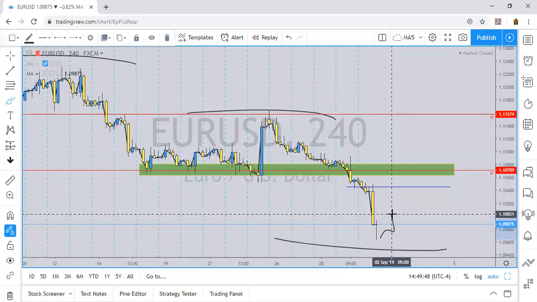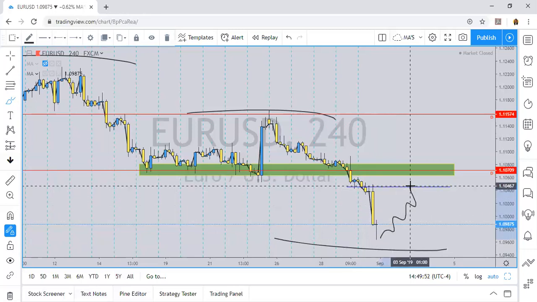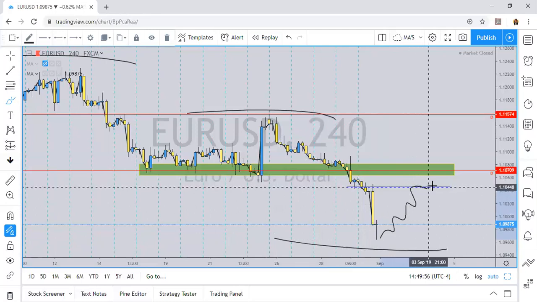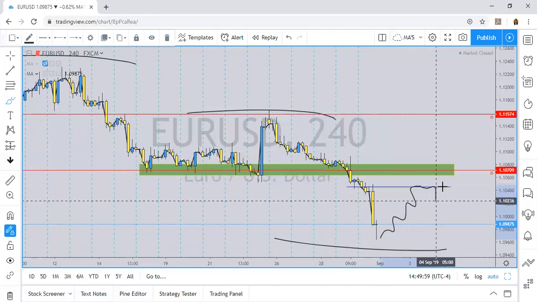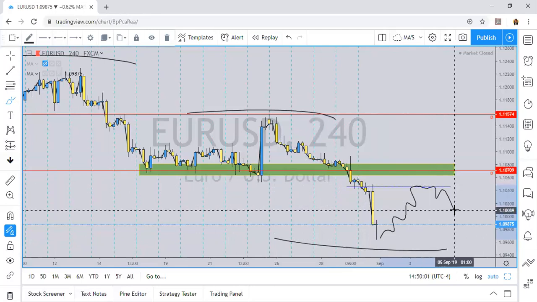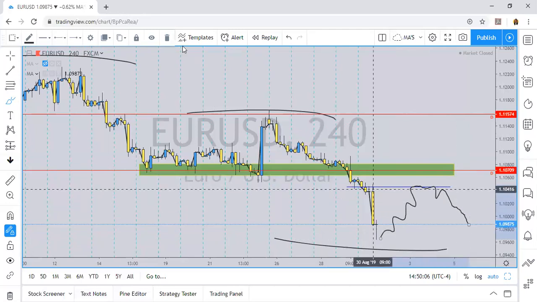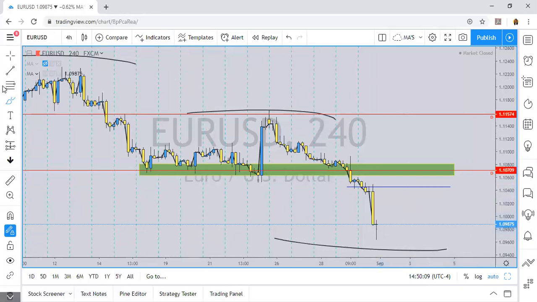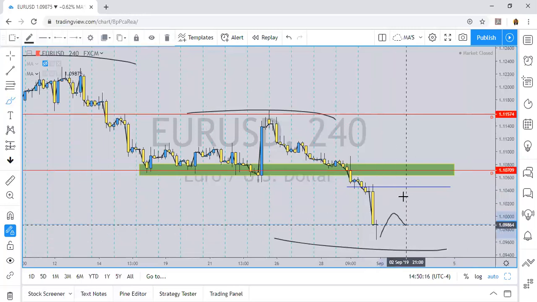So it can give me something like this, come up here, consolidate, come down, retest it, and then continue its wave formation. Or the market can do something like such.